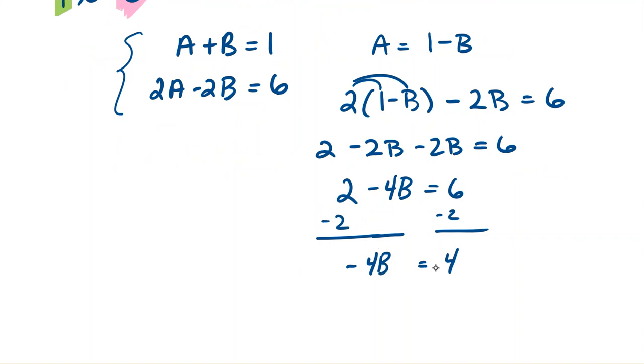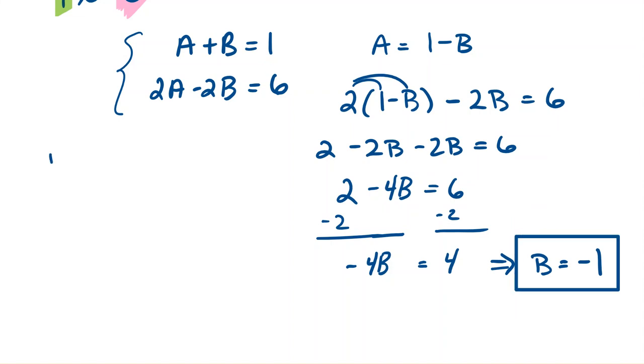Negative 4b equals 4. This would imply that b has to be negative 1. If b is negative 1, then we know that a plus negative 1 equals 1. This tells us that a would have to have the value of 2.